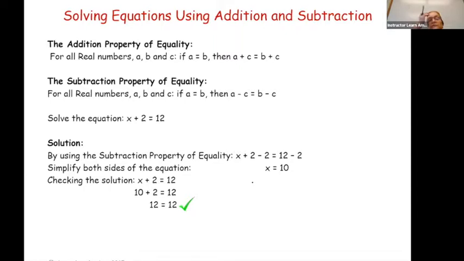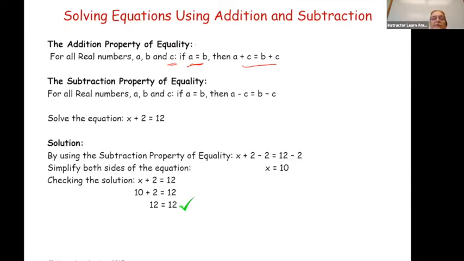First we have the addition property of equality. If you have an equation A equals B, and you want to add a number C to both sides, you still have an equality. So A plus C will be the same as B plus C, and because you've added equal things to both sides, it's called the addition property of equality.